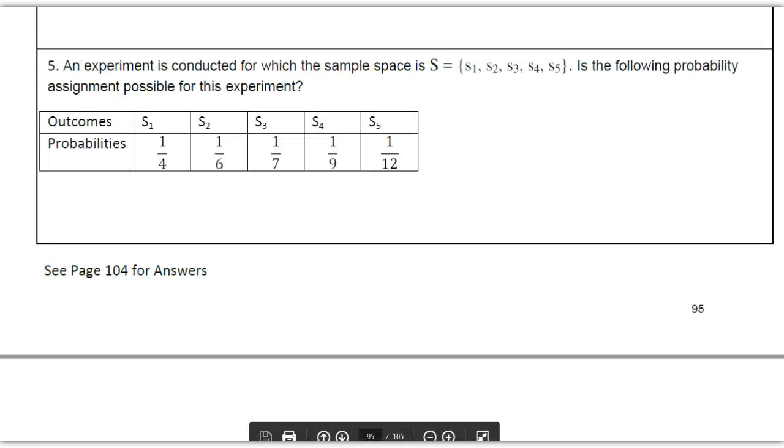Now in number 5, we're saying you conduct an experiment, and the sample space of that experiment is these events. They're saying these are the outcomes, and the probability of these outcomes are listed here.